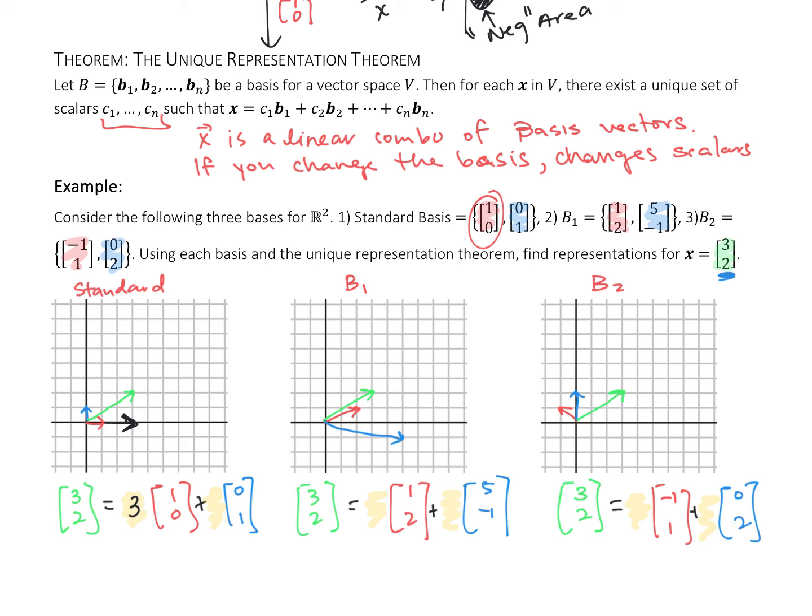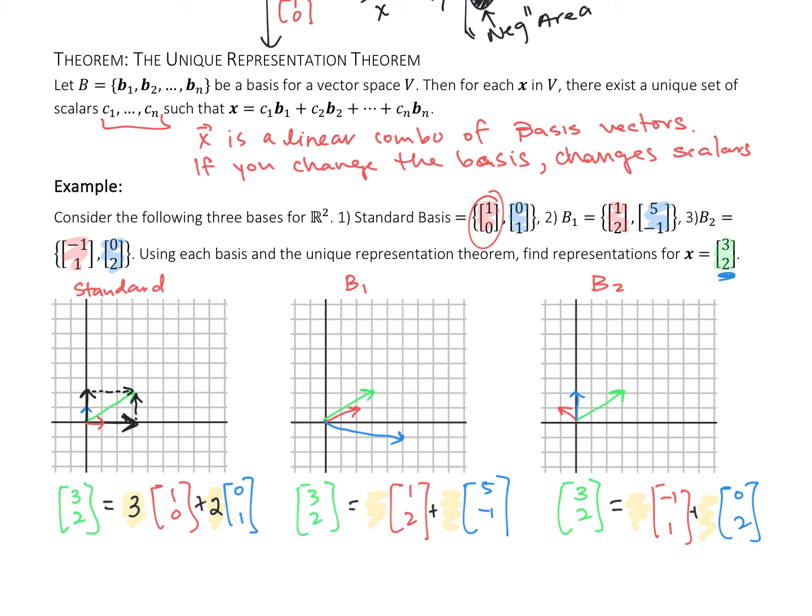If I scale my 0, 1 vector by 2, that's going to stretch it out by 2. And if I add them together, my resultant vector is the diagonal of that rectangle, right? Can you see that visually? That's what's happening here.